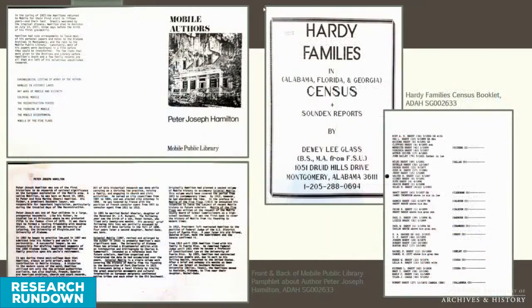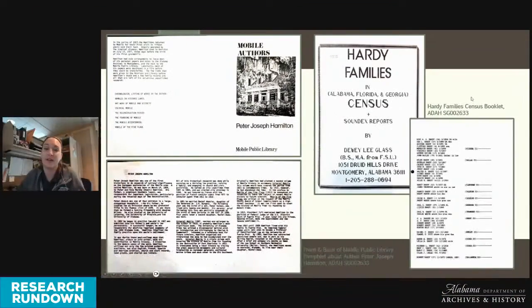Then in the next folder was this big book. This was actually a book, this Hardy Families in Alabama, Florida, and Georgia Census and Soundex. This was actually a little bound book. And this information's great. It's information that you can get off Ancestry or FamilySearch.org.